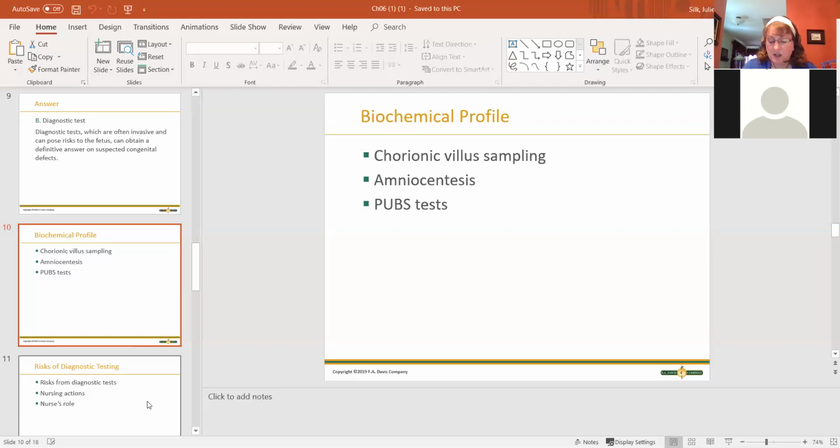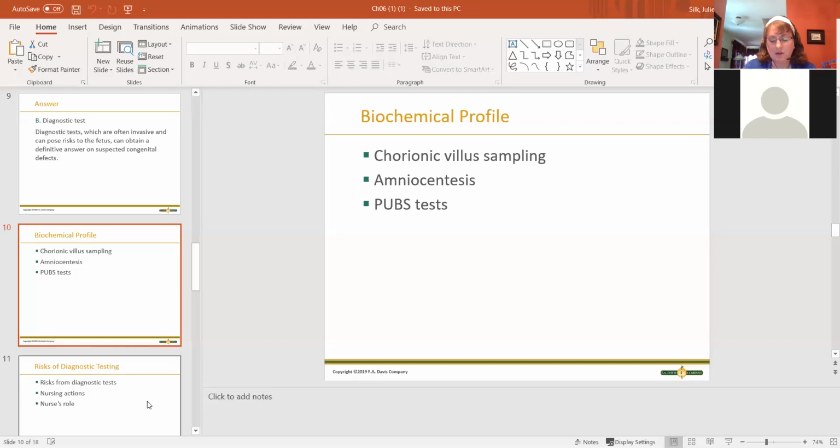You can see a direct examination of a biochemical substance, so you're actually looking at that amniotic fluid to make sure everything's good there. Risks: trauma to the fetus, or placental bleeding or leaking of amniotic fluid, preterm labor, maternal infection, and then Rh sensitization from the fetal blood into the maternal circulation.